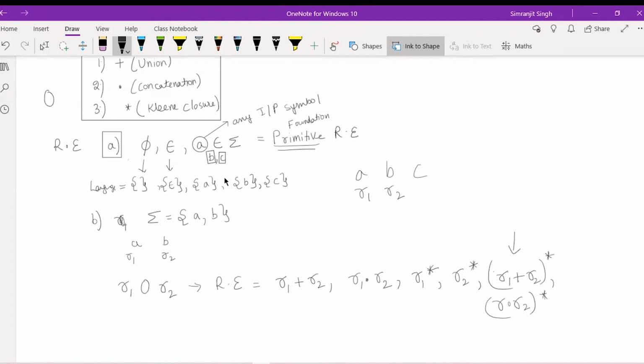So this is the basic definition of a regular expression. Just take the foundation, take A from here, apply O on it, you will again get a regular expression.